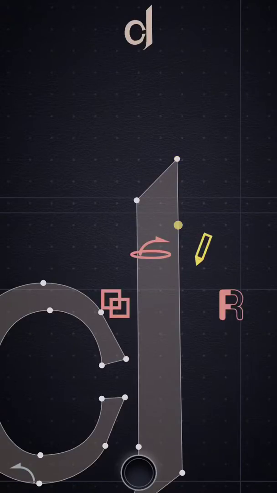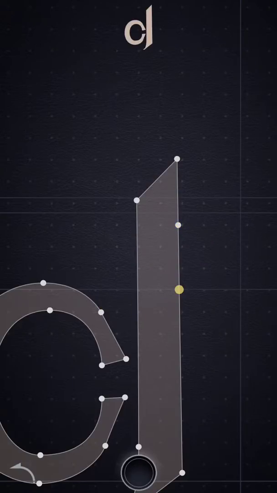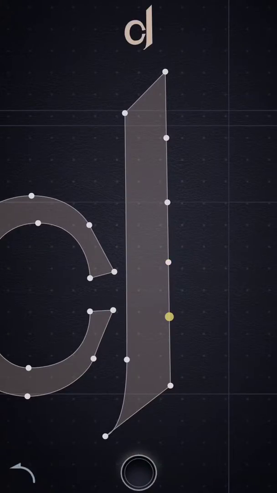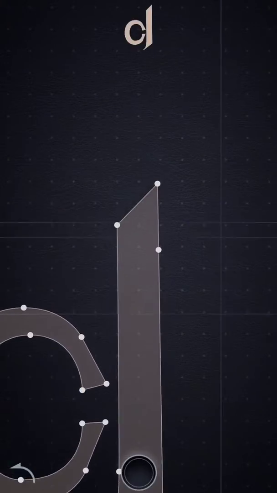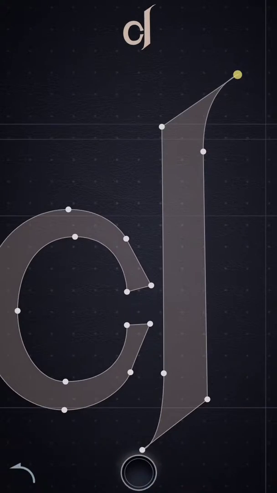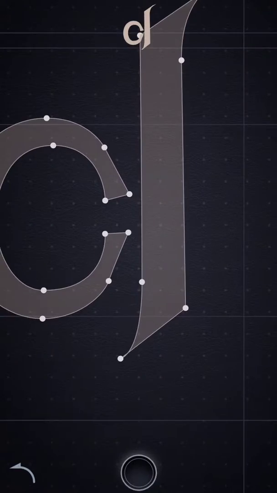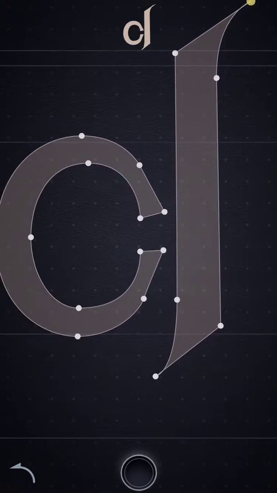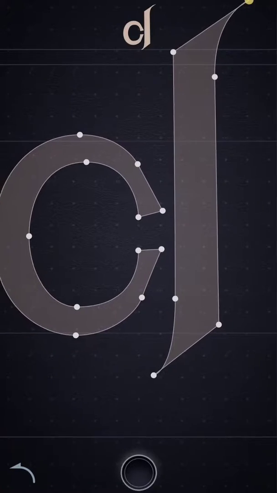So if you don't remember to toggle it off, you will go around and make a lot of points. So remember to toggle that one off. Just undo those and toggle that one off. So you can make that a rounded corner and get this one back. You get this kind of calligraphic thingy.